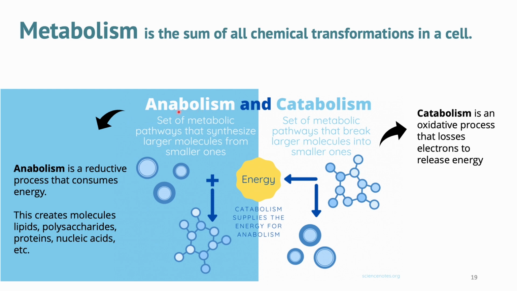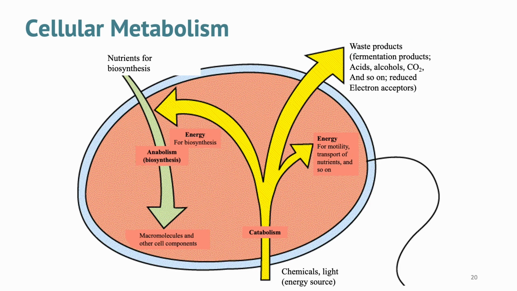And anabolism is a reductive process that uses energy from catabolism, and what it does is it breaks these bonds. It remakes these bonds, right? And making those bonds takes energy, which is a way that you can store energy or that you can build macromolecules such as lipids, polysaccharides, proteins, nucleic acids, anything that a living organism needs to live and thrive.